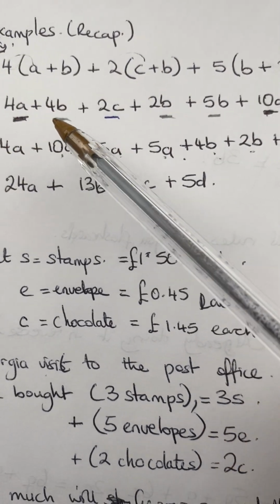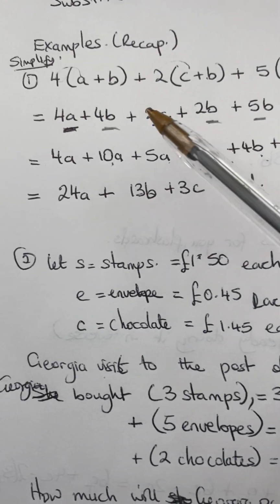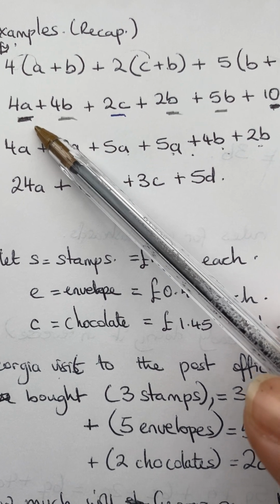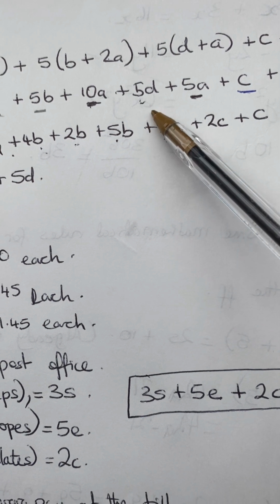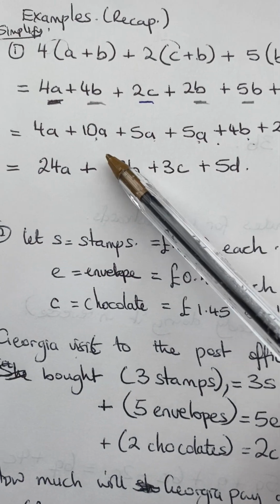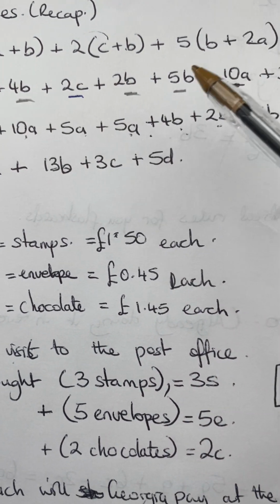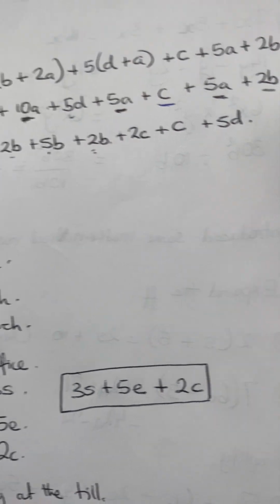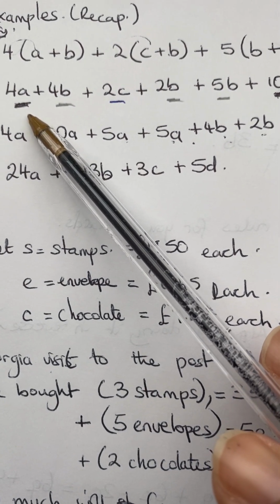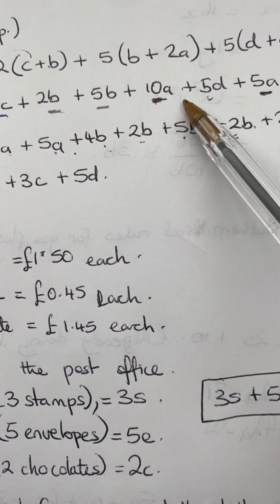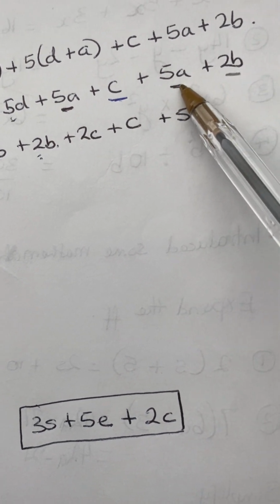So now we realize that everything so far is add, and our terms are in A, B, C, and then if you scan further, there is a D here. So what I did was, with my black pen, first of all, I went and I scanned and I put all the A's together. So there's 4A, okay, and then add 10A, add 5A, add 5A.